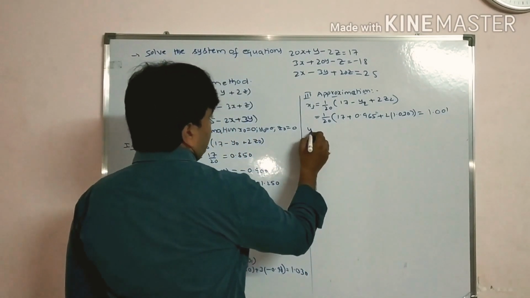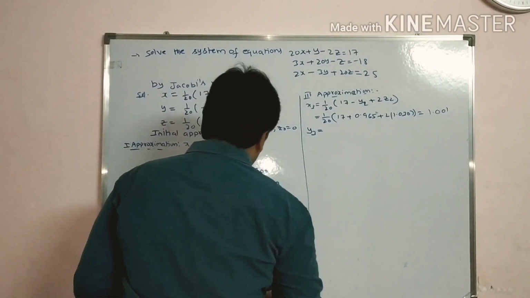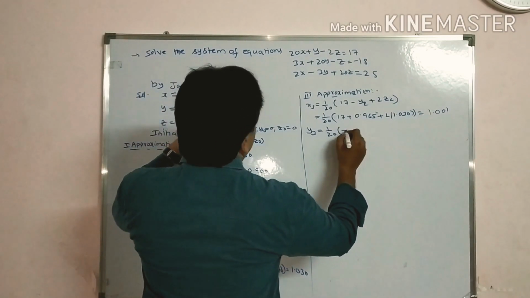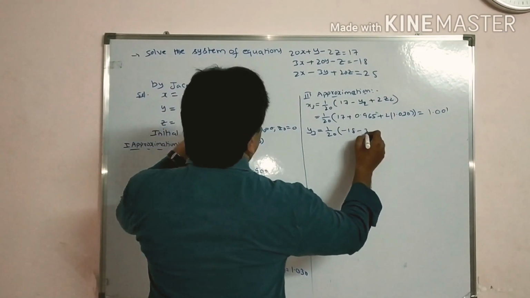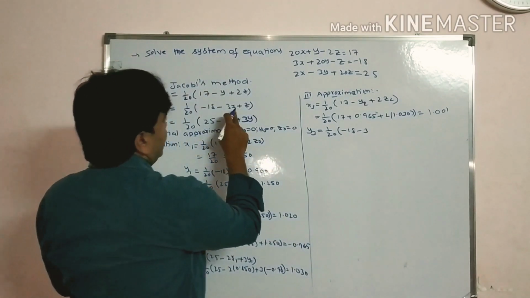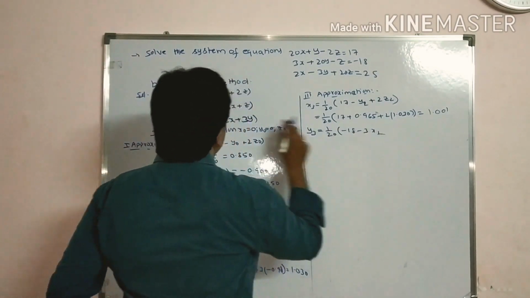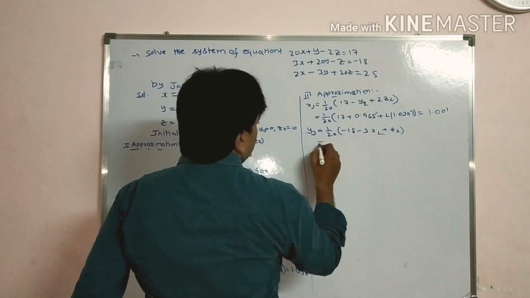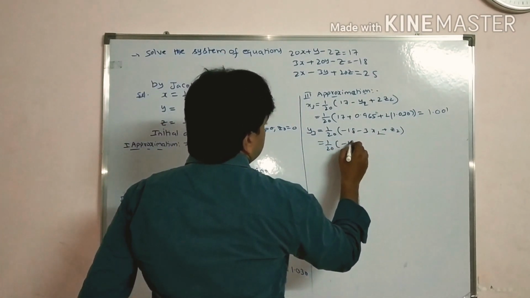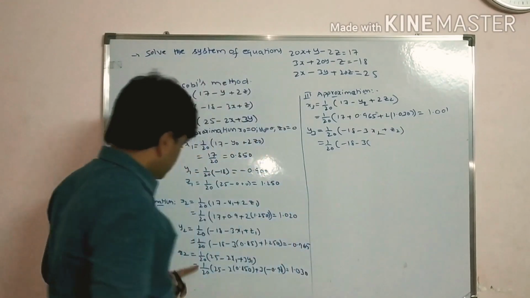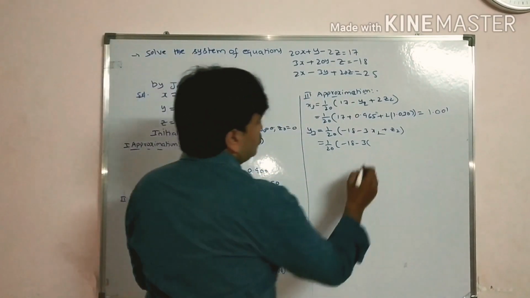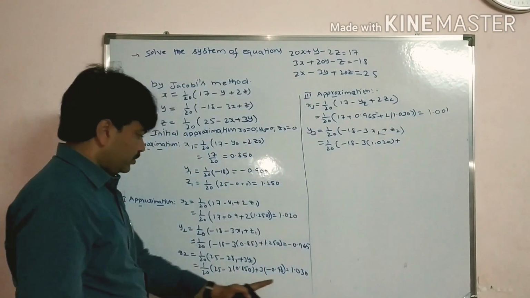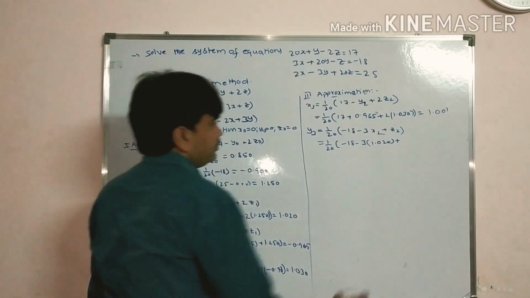So y3 is equal to 1 by 20 minus 18 minus 3 x2 plus z2. So that is equal to 1 by 20 minus 18 minus 3 into the x2 value, 1.020, plus the z2 value, 1.030.